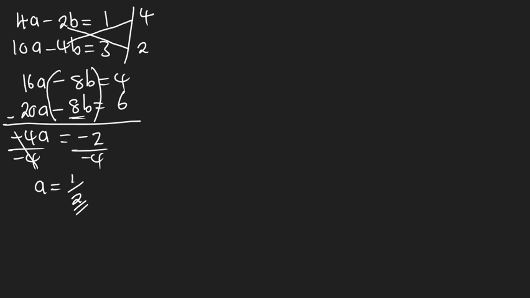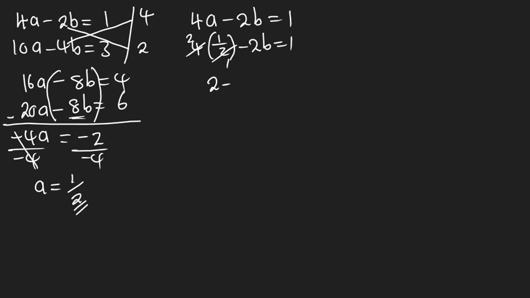Then you can just get any of the equations, which is very simple. So I can get the top equation so that I have 4 times 1 over 2 minus 2b is equal to 1. Then this is going to be like this into this. That's 2. So 2 minus 2b is equal to 1.